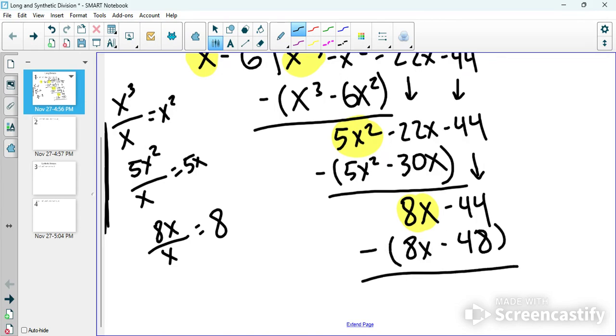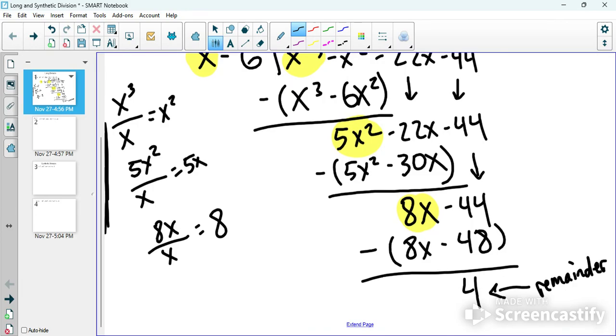8x minus 8x is nothing. -44 minus -48, that's positive 4. 4 is our remainder. Okay, we have a remainder of 4.